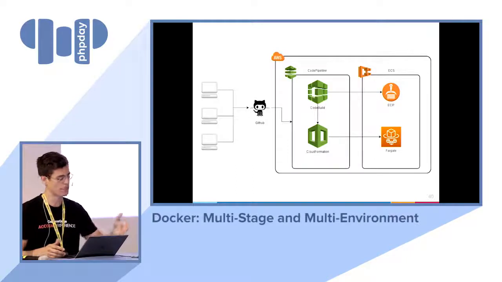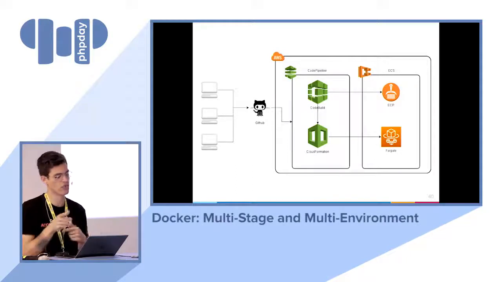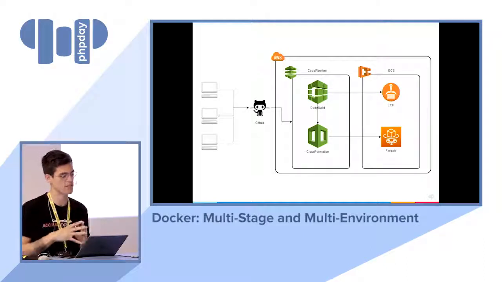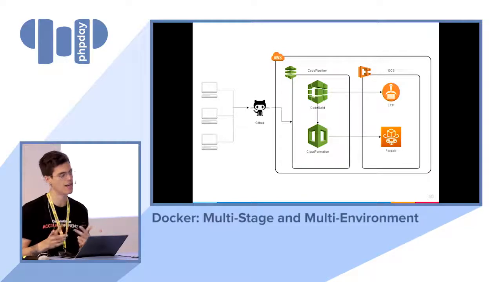We have developers. We push the code to GitHub. GitHub triggers the pipeline inside Amazon. We use Amazon there. And this pipeline will run CodeBuild. CodeBuild will build the image, test the image, and push the image to the ECR. The ECR is the repository.